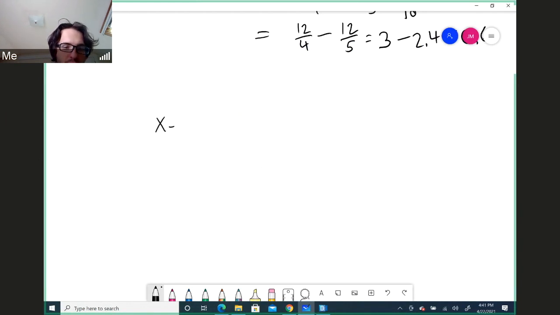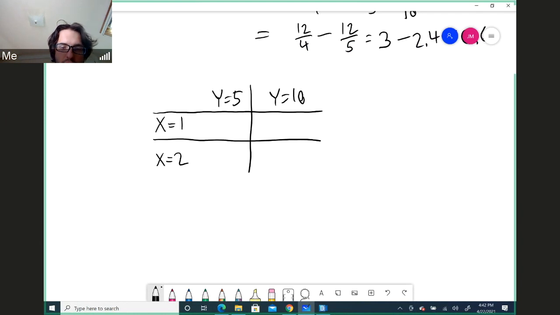Suppose you have discrete random variables X and Y, where X can be equal to 1 or 2, and Y can be equal to 5 or 10, and we can draw out the table. Maybe there's a probability of 1/2 of that happening, 1/4 of this, 1/8 of this, and 1/8 of that.